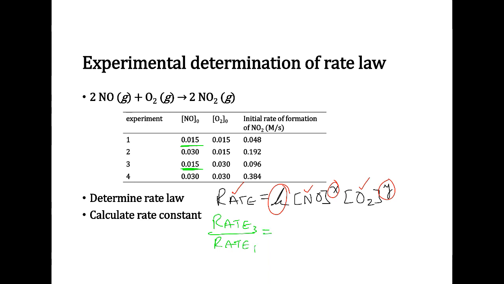And then we could plug all of this in. So we'd have K times the concentration of NO, which is 0.015, to the X times O2, which is 0.030 to the Y, divided by K from rate 1.